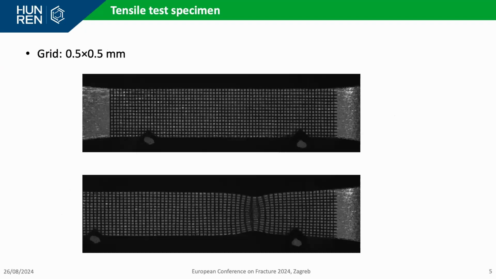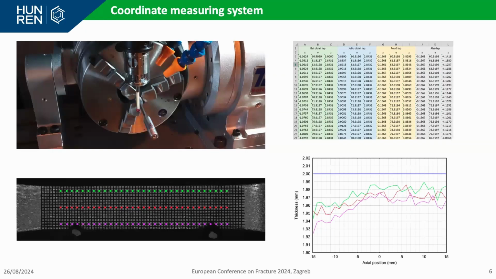We also printed a grid on the sides of the specimens to be able to follow the evolution of the deformation during the tests. And we also had a suspicion that the geometric imperfections, which are unintended, play a role in the formation of the necking during the tests.